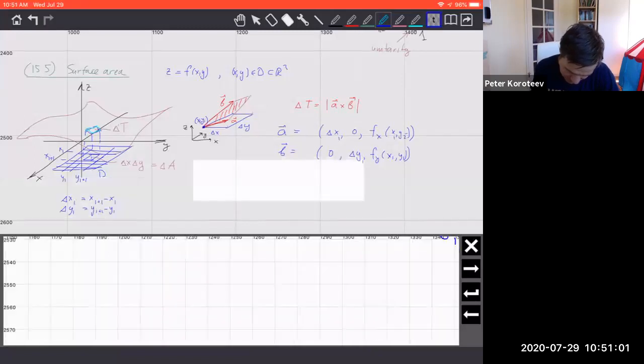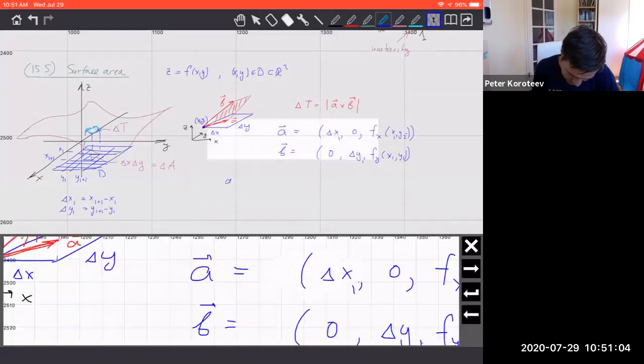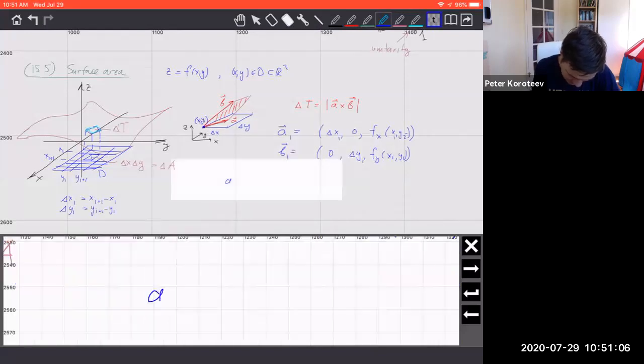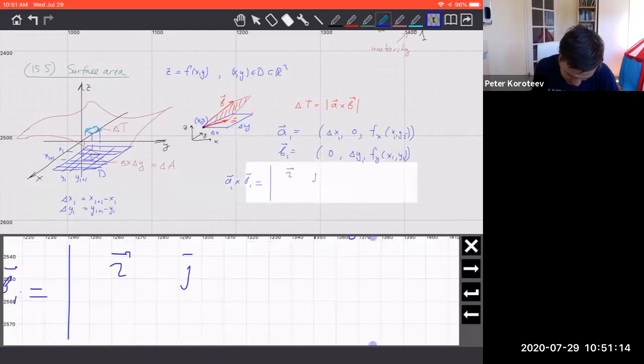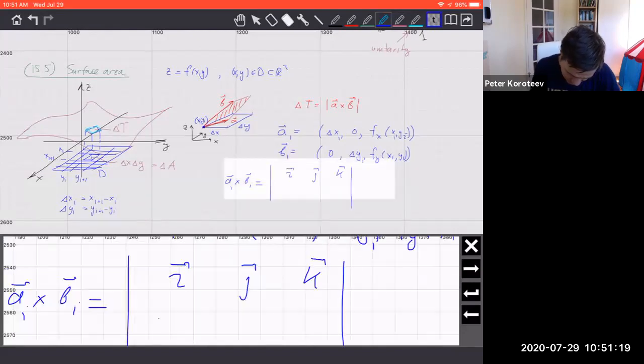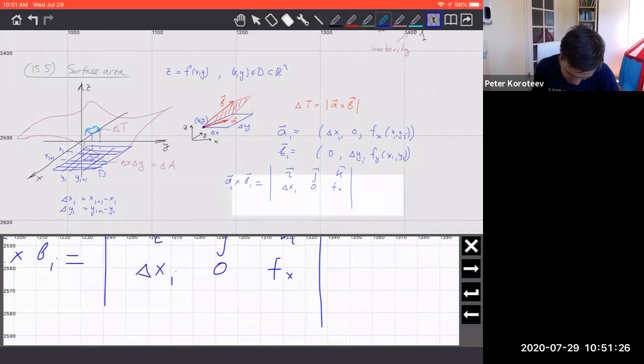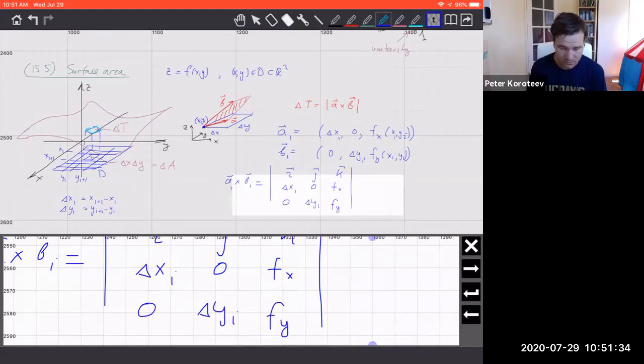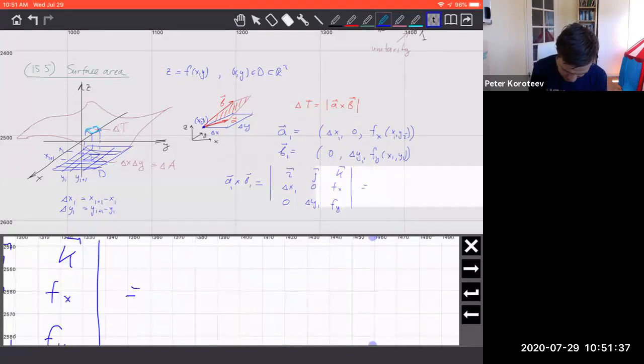Okay, now let's calculate the cross product. If you're really pedantic, put indices everywhere. So a_i cross b_i is equal to the determinant of the matrix i, j, k; delta x, 0, f_x; I'm going to suppress some indices; 0, delta y_i, f_y. Now we open up the determinant.